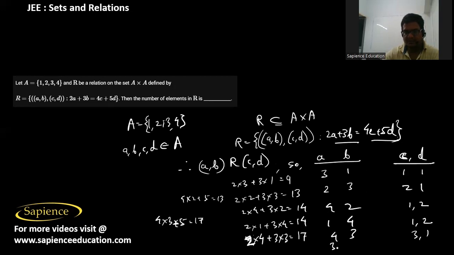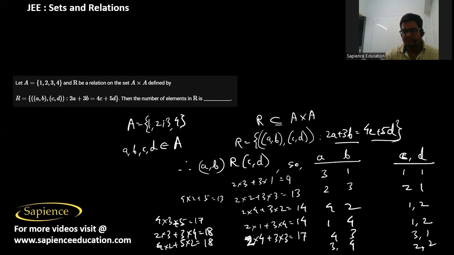And also we can take (3, 4), since 2 into 3 plus 3 into 4, that is 6 plus 12, that is 18. And then here we can take (2, 2), since 4 into 2 plus 5 into 2, that is 8 plus 10 is also 18.